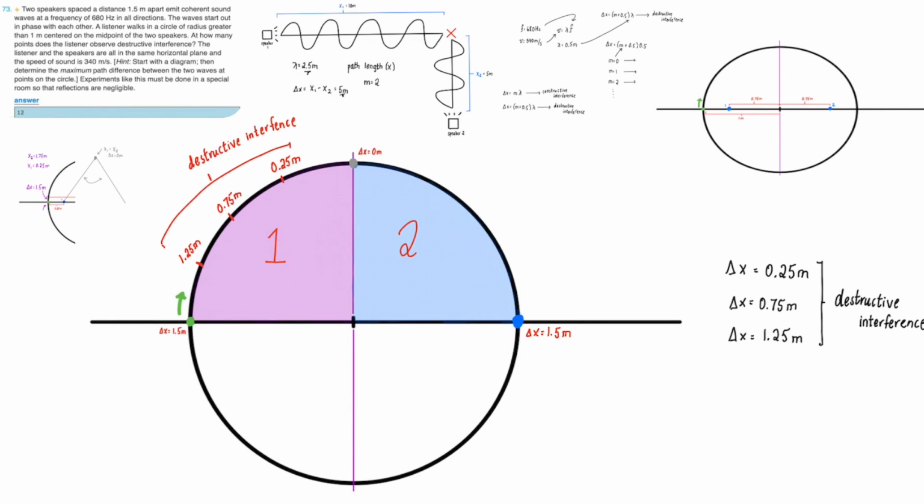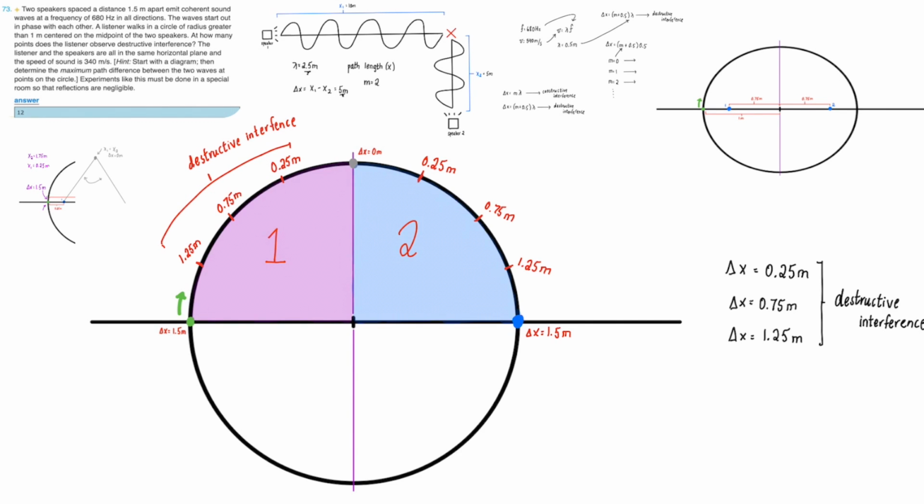So as our observer moves from gray to blue dot, he's going to again experience a point where path length difference is 0.25 meters, where it's going to be 0.75 meters, and then a point where it's going to be 1.25 meters. So going through the second quadrant, our observer is going to experience 3 more points of destructive interference.